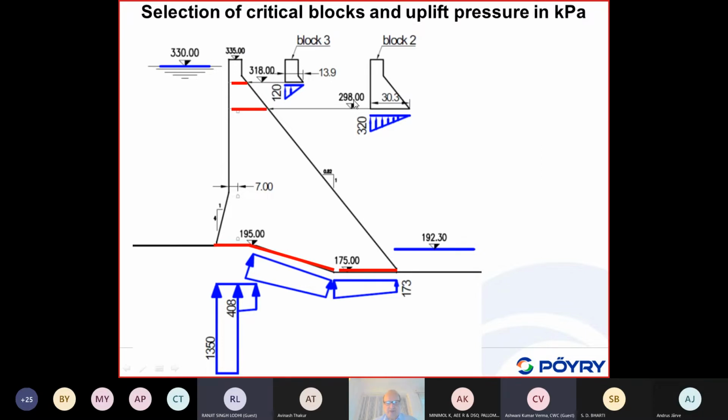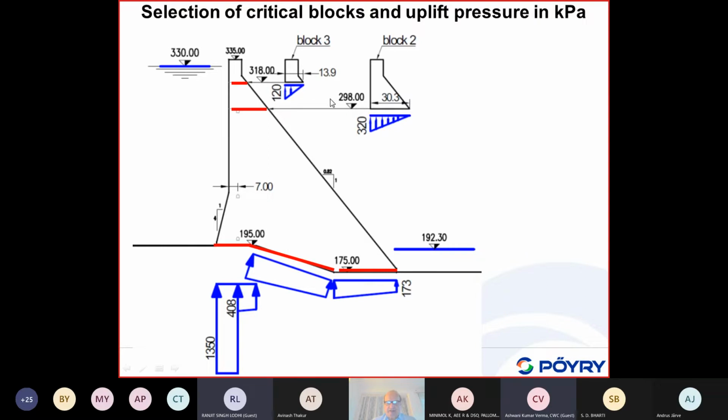The other is 37 meters high. We have considered two blocks, 20 meters higher. The width here is 13.9 meters, and at this elevation the dam thickness is 30 meters.